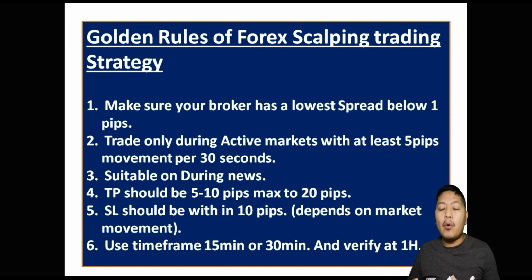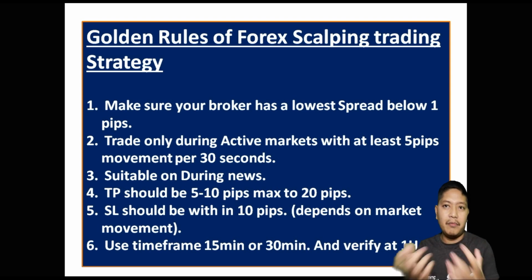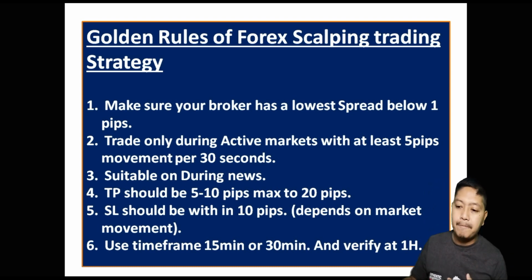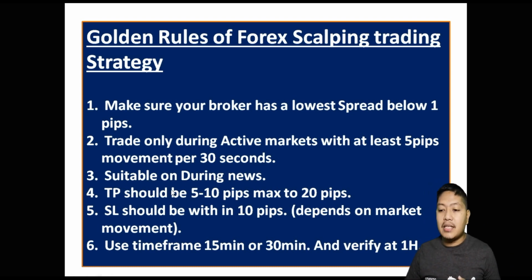Make sure to see this, because you will know that the market is moving. It's very easy to enter and very easy to get out of the market. Number three is that this strategy is suitable during news trading. If there is news, it is possible that the particular pair you are using will be very active. That's rule number three.